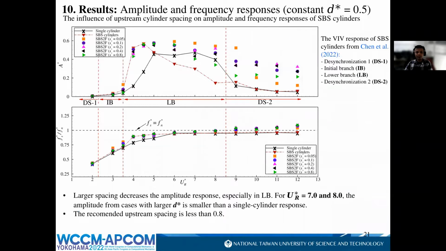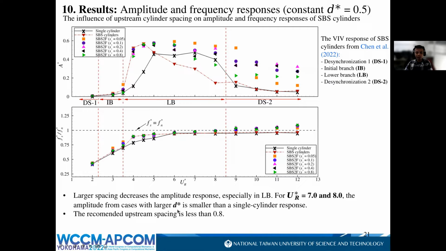Next, we will investigate the influence of the upstream cylinder spacing on the amplitude and also on the frequency response of the ZBZ cylinder. Here, we use constant upstream diameter equal to 0.5, and then we use different upstream spacing. Here, we can see that even with the different upstream spacing, we still get the enhancement in the VIV response. But for some upstream spacing, the response will get smaller than the single cylinder response, especially for the ZBZ2F with larger upstream spacing.